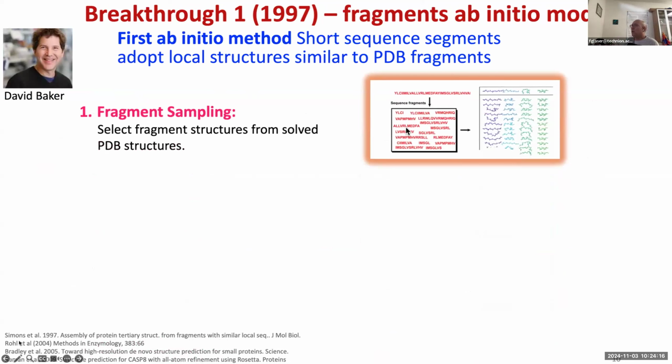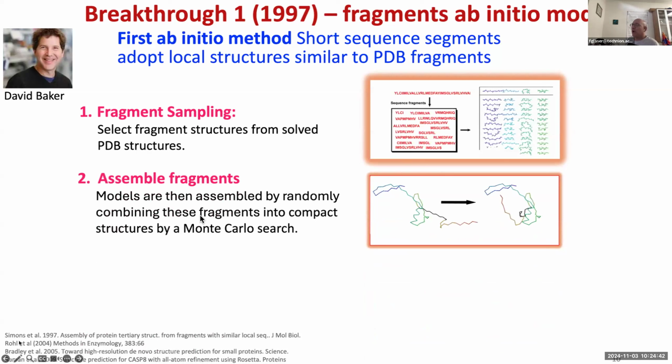In other words, if I can identify short sequence segments of my target protein, for which I don't know the structure, that have structural information from similar sequences, I can try to imitate the structure of these short sequences for which I have the solution, and then assemble all those fragments for which I have partial folds.